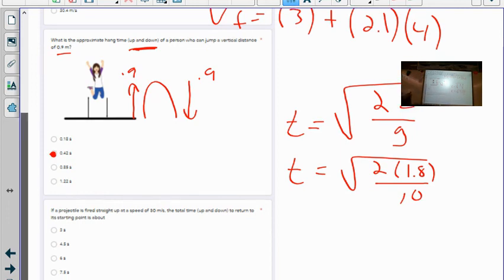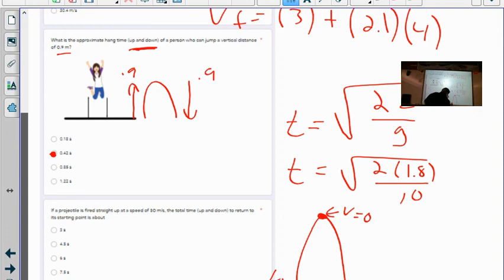And then for the last one, number 37, a projectile is fired straight up at a speed of 30 meters per second. The total time in the air. So the way I would approach this one is that it goes up to here. It started here. And so this right here, its velocity is equal to 0.